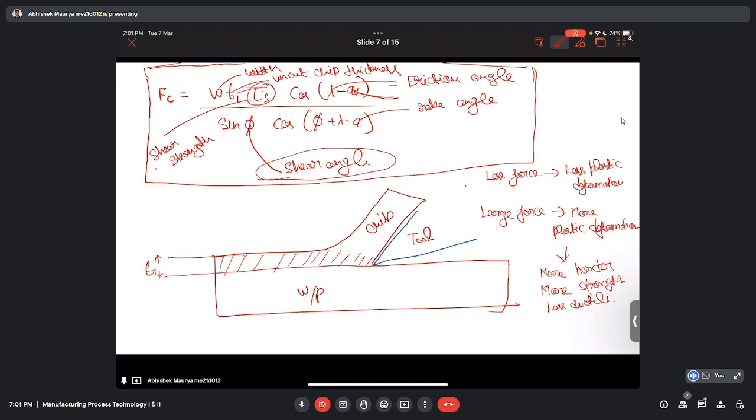So more plastic deformation means more hardness, more strength, less ductility, or we can say more brittleness. So if we increase the cutting force, the chip which gets produced will have a more brittle nature. And more brittleness means what? Discontinuous chips.